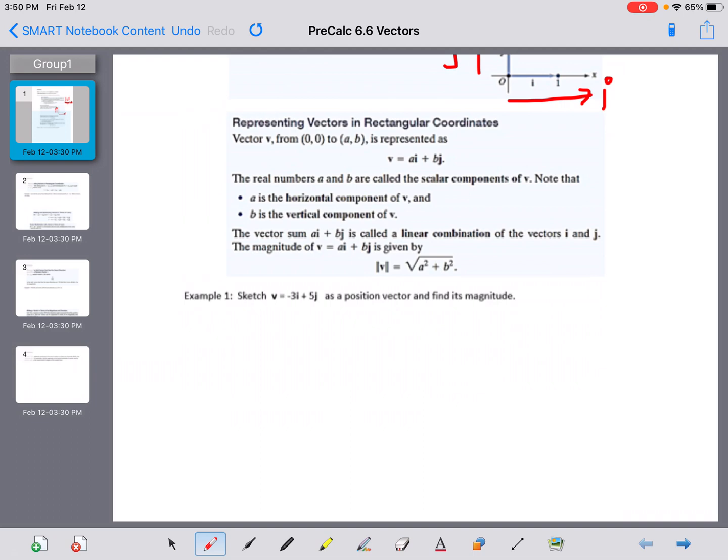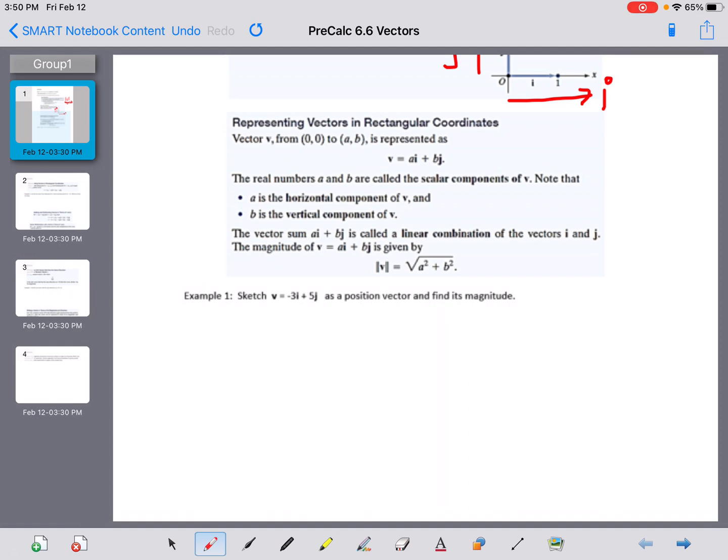All right, so representing vectors in rectangular coordinates. If you go from 0, 0 to a, b, that means you've moved horizontally a, so a times i, with that i just holding our horizontal movement. The vertical movement, b, is bj.